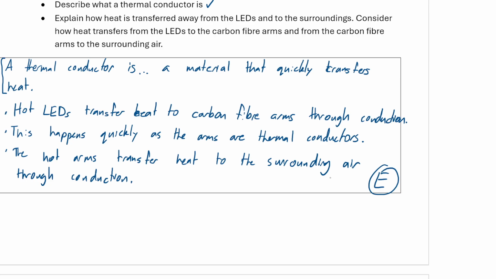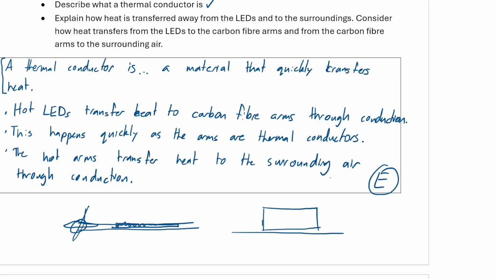So just as a diagram, let's say we have one of the drone arms. Here's a beautiful motor over here. And we have LEDs on top. Yep. So if we just zoom into that, here's the LED, and then here is the arm. As the LED gets hot, through conduction, it will transfer its heat energy into the arm.